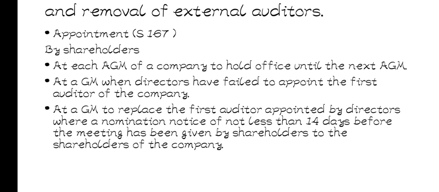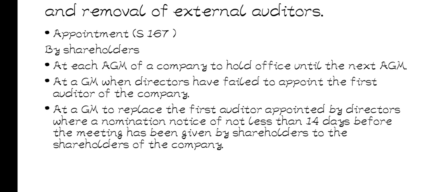Then, thirdly, at a general meeting to replace the first auditor appointed by the directors, where a nomination notice of not less than 14 days before the meeting has been given to the shareholders of the company.